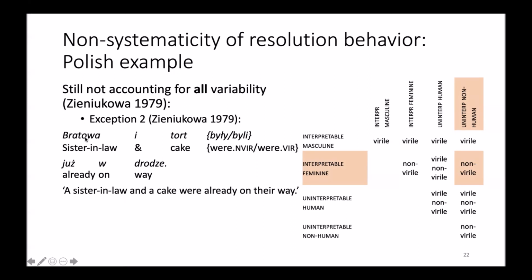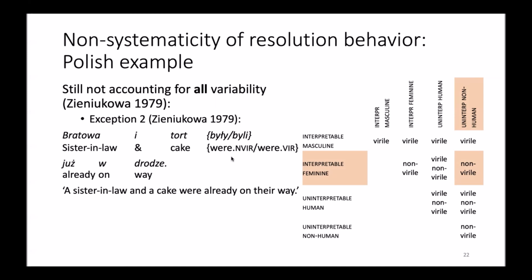We have a conjunct sister-in-law, which in the new system is interpretable feminine. And we have a conjunct cake, which in the new system is specified for an uninterpretable non-human feature. And at their intersection, the rule tells us to resolve it to non-viral agreement. And indeed, this is what speakers produce and accept.